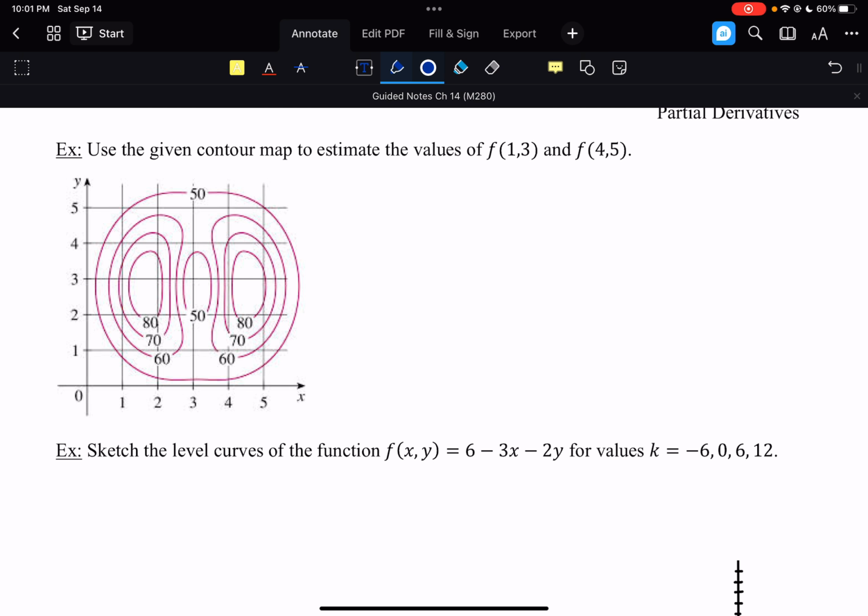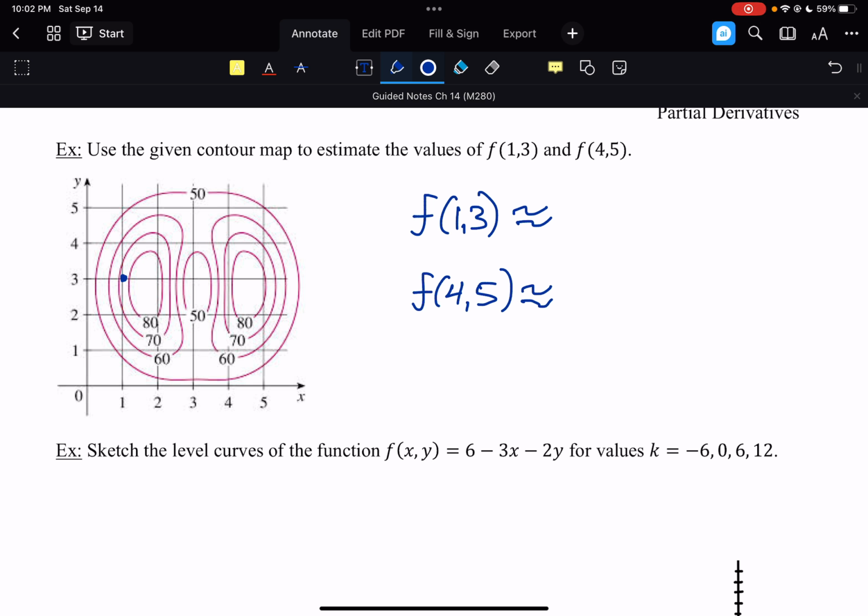Use the given contour map to estimate the values of f of 1, 3 and f of 4, 5. So we're going to look for estimates here. So we find the point 1, 3. So that's 1, 3 right here. Now this value does not lie on a contour. It lies between this contour and this one.